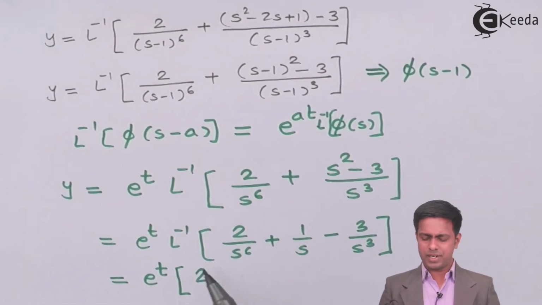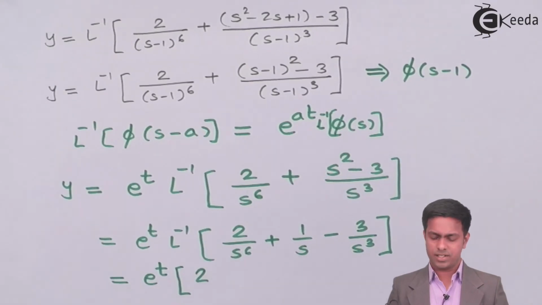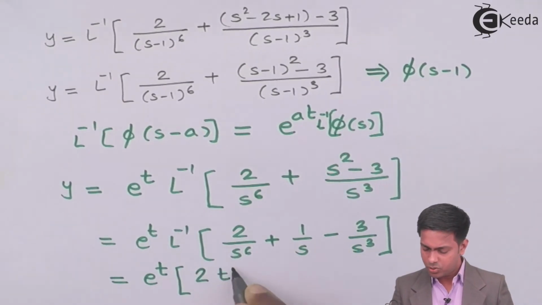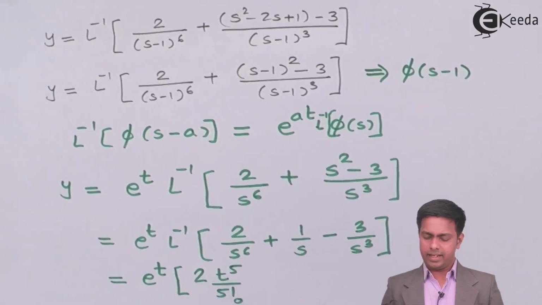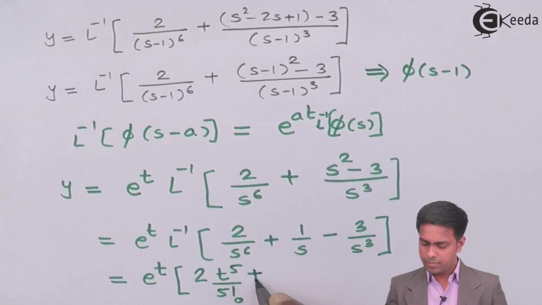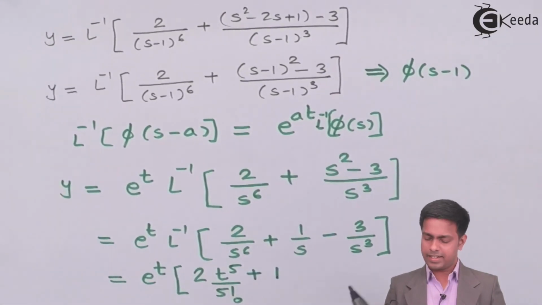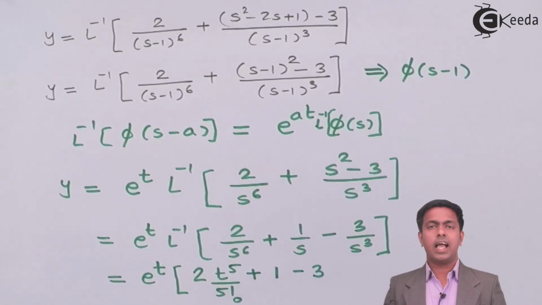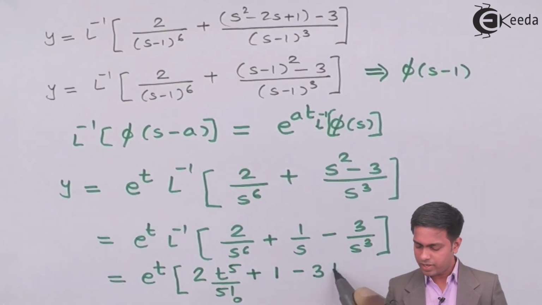Now what is inverse Laplace transform? 1 upon s raised to 6. So it is t raised to 5 upon 5 factorial. Then inverse Laplace transform of 1 upon s is 1. Next, negative 3 constant outside. And inverse Laplace transform of 1 upon s cube is t square upon 2 factorial.